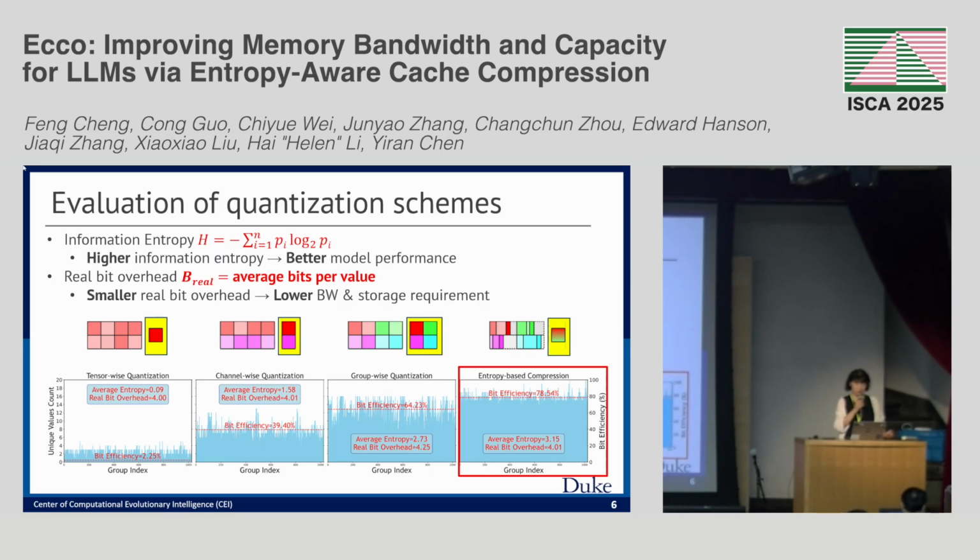As shown in the picture on the bottom, we compare the three most common and popular quantization schemes: tensor-wise, channel-wise, and group-wise, with our entropy-based compression. You can see that our proposed entropy-based compression preserves the most information while using a similar bit overhead as tensor-wise quantization.